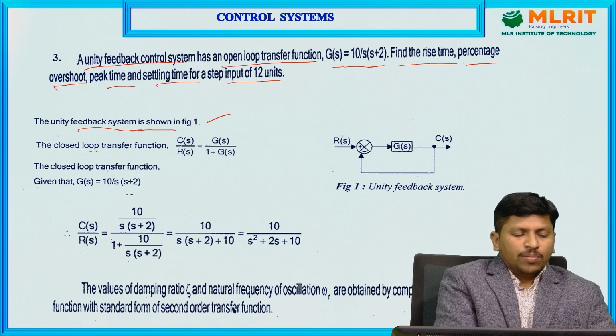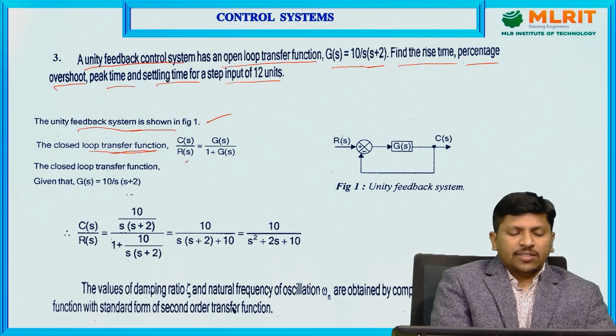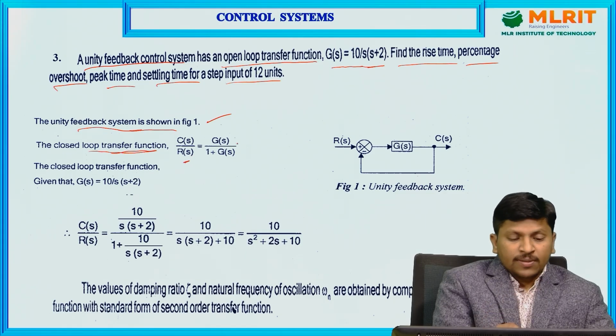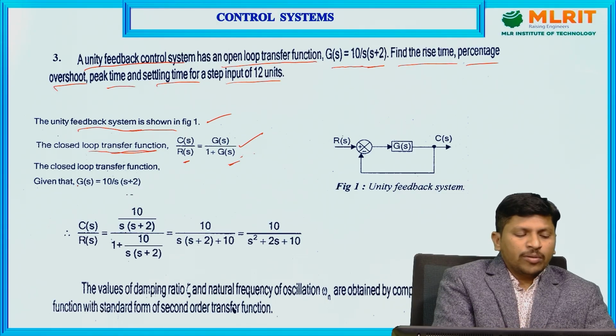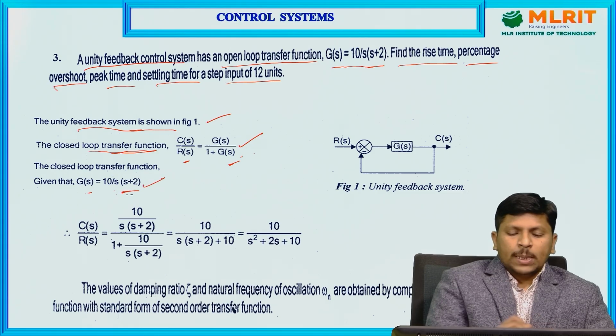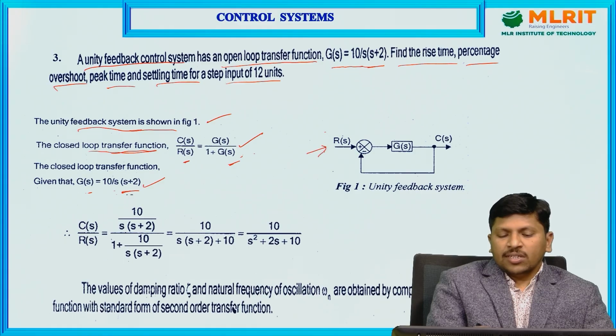The closed loop transfer function C of s divided by R of s equals G of s divided by 1 plus G of s into H of s, where H of s equals 1. Given G of s equals 10 divided by s into (s plus 2). This is the input signal R of s, the output is C of s, and G of s is the open loop gain.